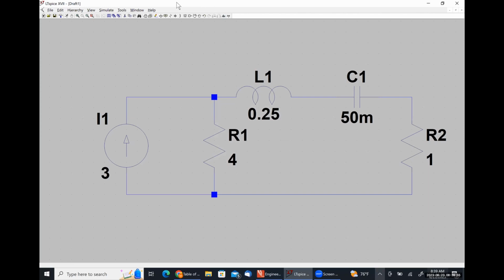I mentioned in class on Wednesday that I usually put the ground at the negative polarity terminal of my capacitor because it makes it very easy for me to set my initial conditions. I'm going to go ahead and label the positive polarity node of my capacitor as VC here.